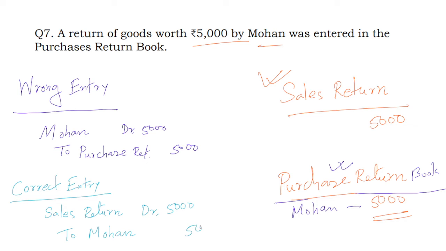In Mohan there should be a 5,000 balance, and sales return should be debit. And this wrong amount should be reversed, otherwise the impact will not be neutralized. So we have to pass this entry, and this amount we have to reverse.